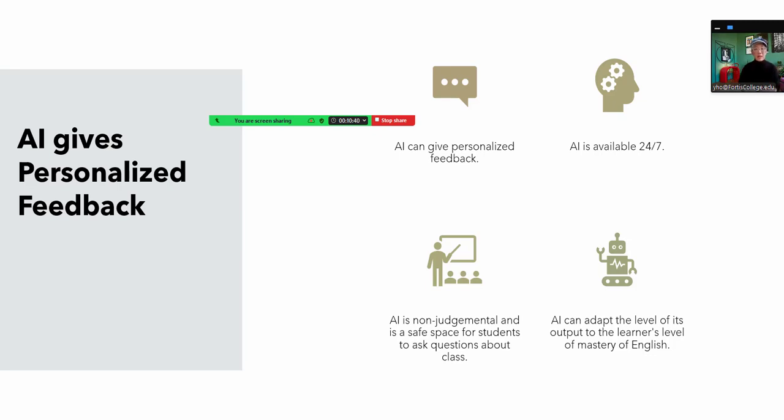So let's unpack this. So what do I mean by AI can give personalized feedback? So let's say that you upload your paper to AI, and then you ask AI, what do you think of this paper? And then you give the prompt, give essay feedback on grammar, on thesis statement, essay structure, and tone.